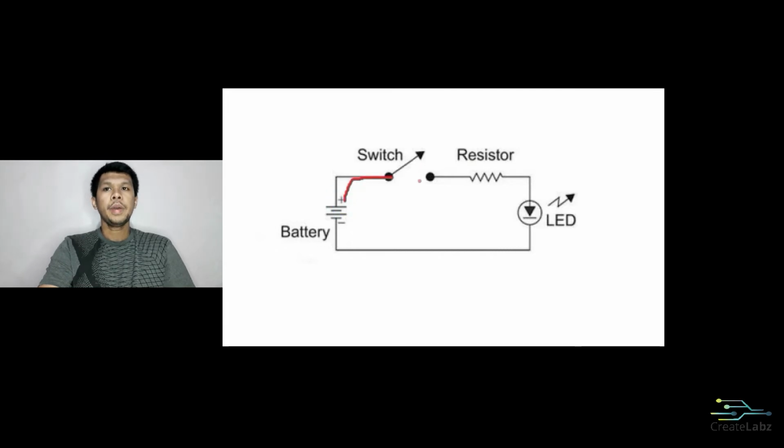Since the switch is open, there's no way that current can go from here directly to the resistor. So what we do is we close the switch like this, and then we have a complete circuit now. This one closes, so the current will flow to the resistor, to the LED. The LED will light, then go back to the negative of the battery. Now we have a complete circuit.